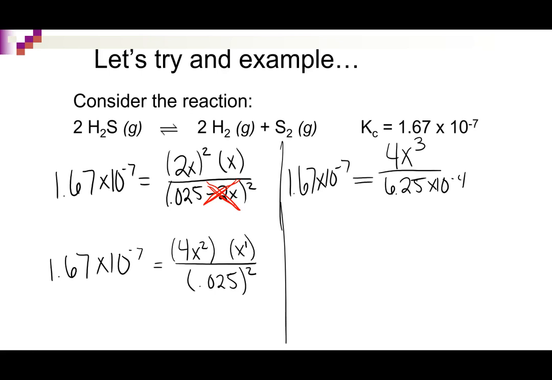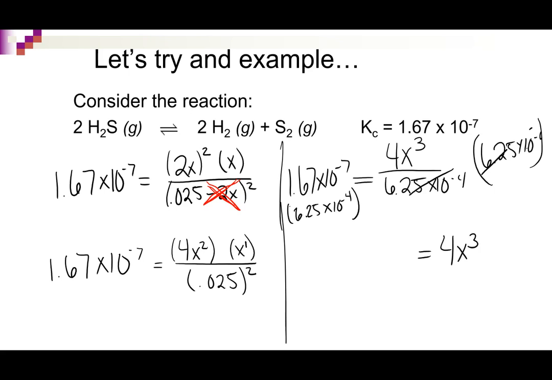Now let's do some algebraic rearrangement. First, get rid of that denominator. That cancels. Whatever I do to the left side, I also have to do to the right side. So we're left with 4x cubed equals 1.67 times 10 to the negative 7th multiplied by 6.25 times 10 to the negative 4th.